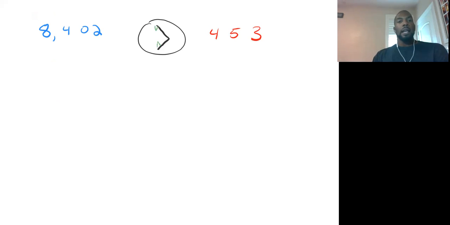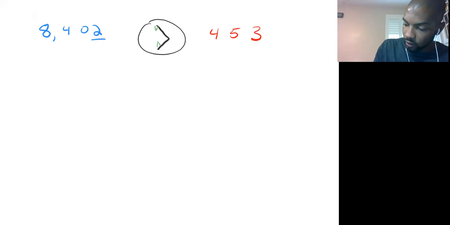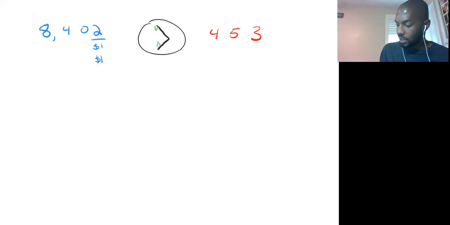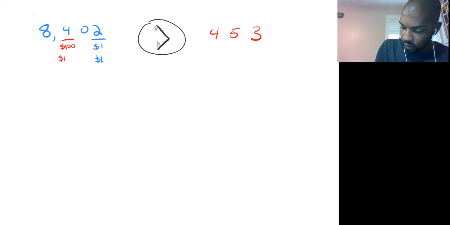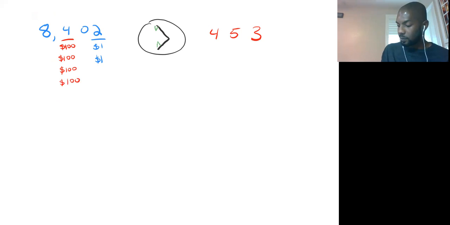All right. How could you represent this with the place values we learned earlier? Well, I could say to myself, the 2 is worth 2 $1 bills. There are no 10s. The 4 is worth 4 hundreds. I passed the 1,000 comma.